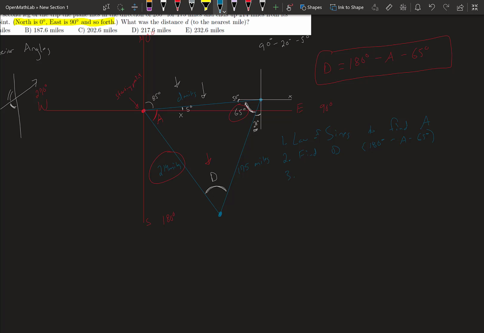And then the next thing I want to do is find little d using the law of sines again. So let's do the first part first.